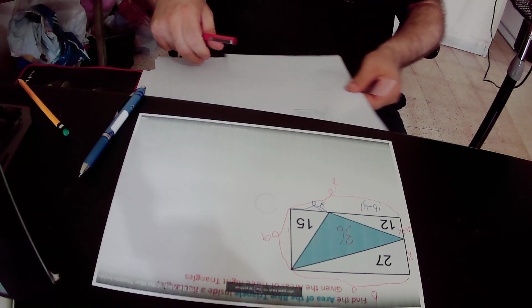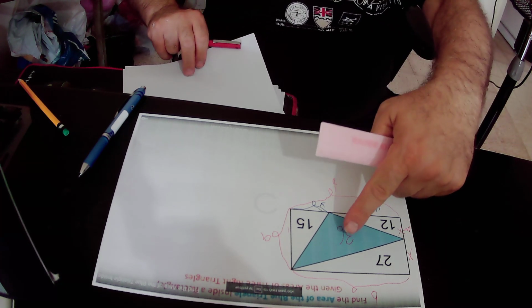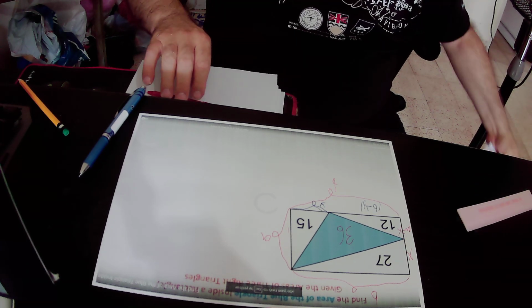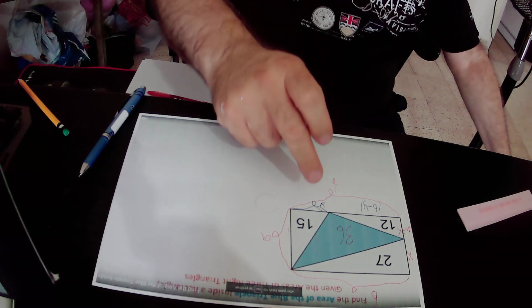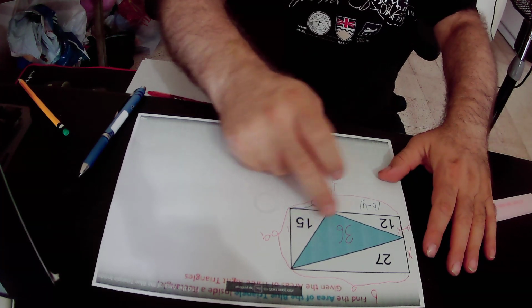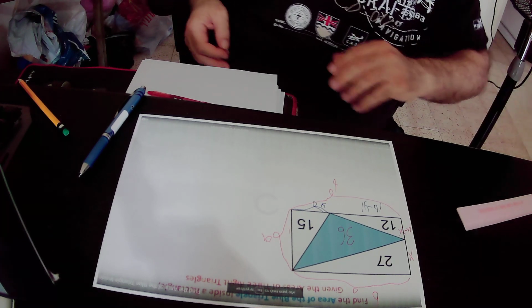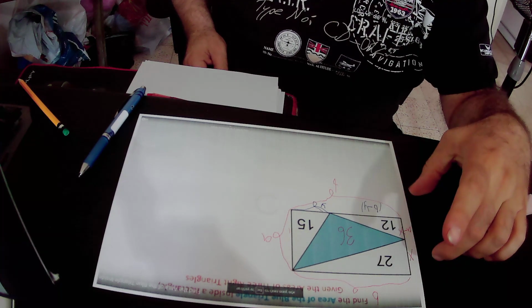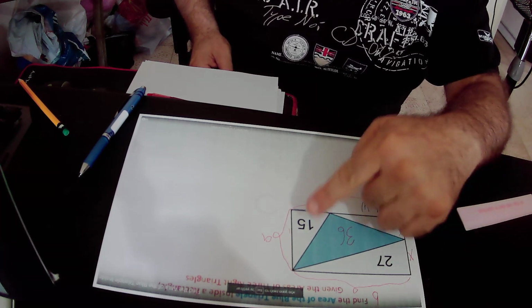We actually wanted to find the area of this blue triangle, when we already know the areas of these three right triangles. So the area of this blue triangle will be the area of the rectangle minus the sum of the areas of these three right triangles.